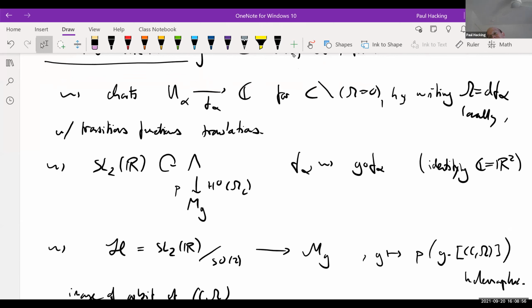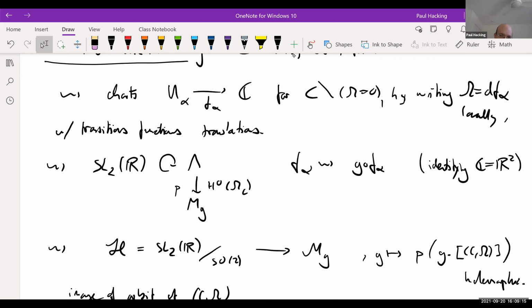Okay, and so then if you just take an element (C, omega), you take the orbit under this action and you project it to M_g. So notice that then the SO2 inside SL2R will act trivially.